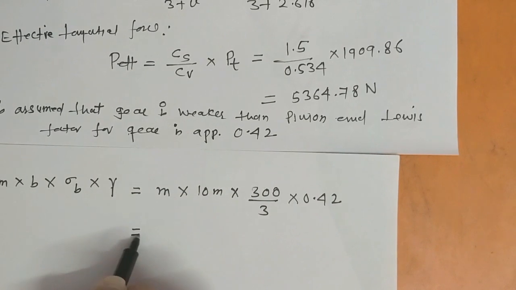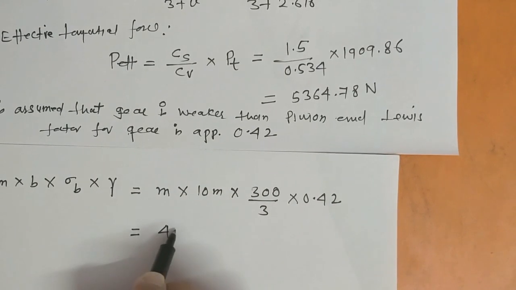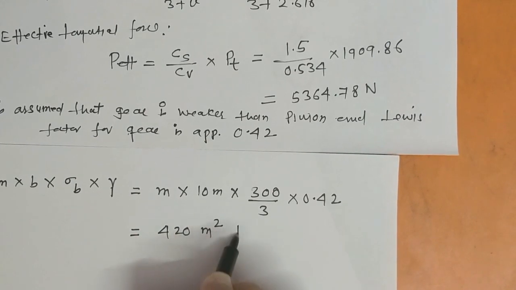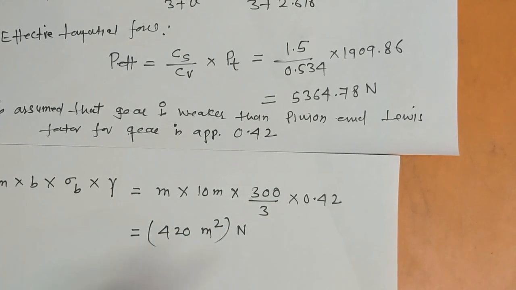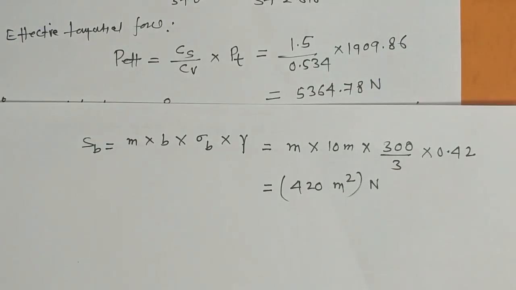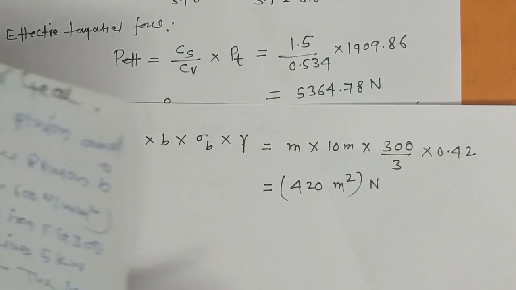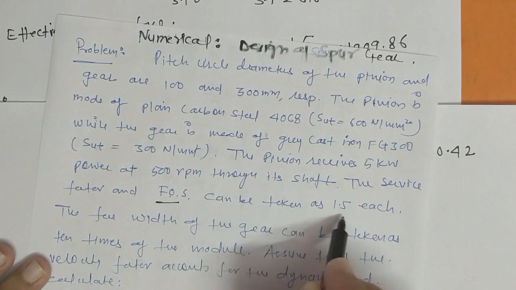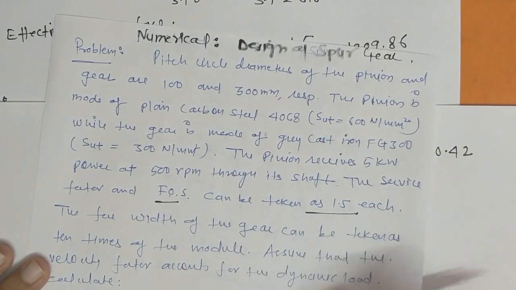So this becomes 420 module square Newton. This is the beam strength of the gear. Now if we consider the factor of safety, as in the numerical problem we are given the factor of safety can be taken as 1.5.